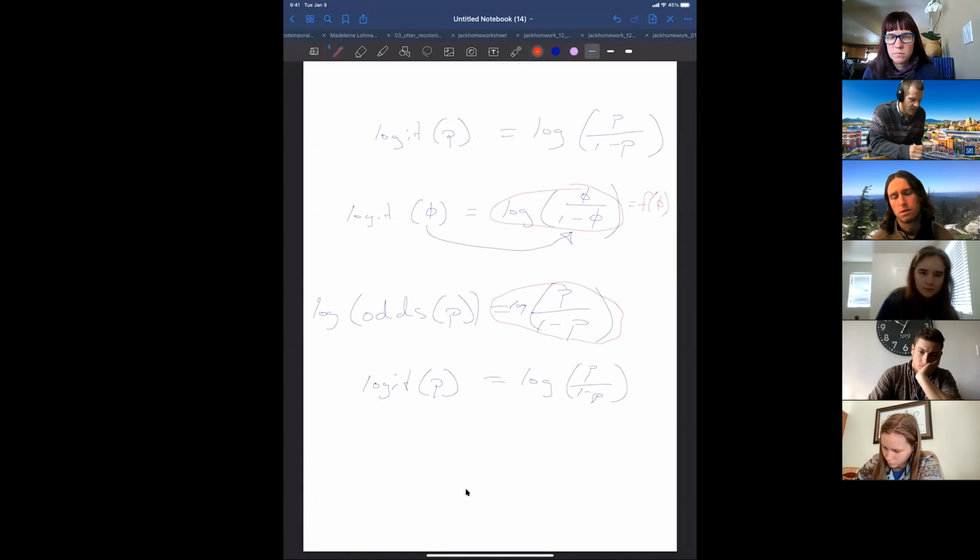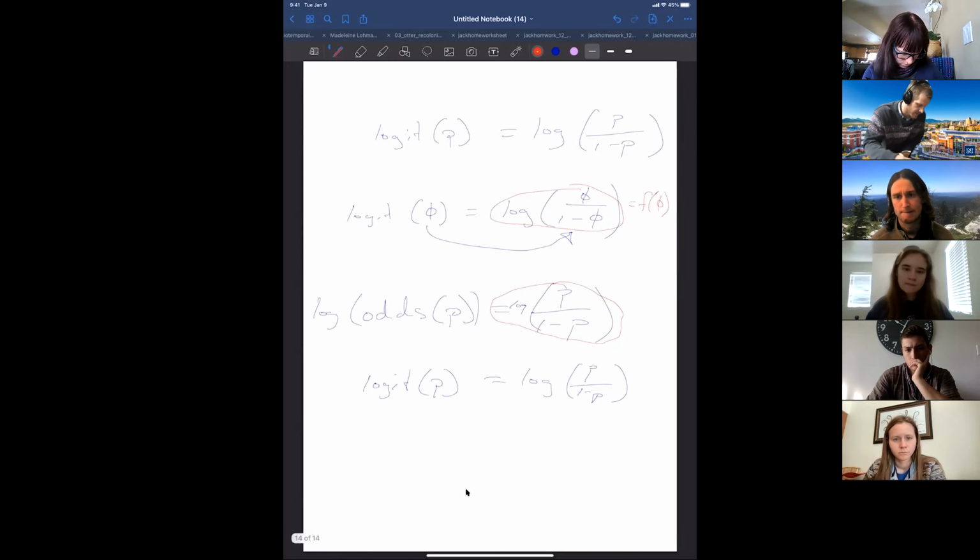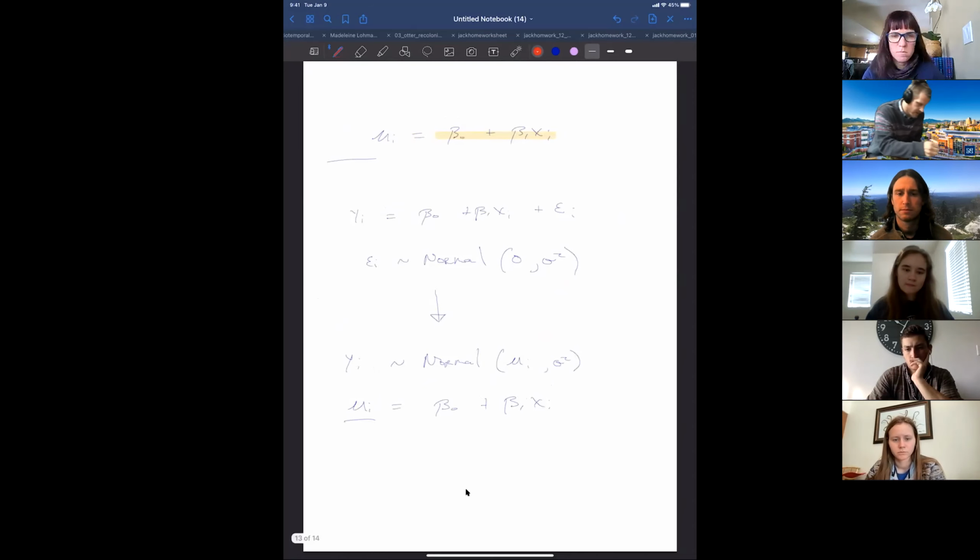There are actually lots of functions that will do this, but the logit function has some nice properties, so that's why it's commonly used. This value can be anywhere between negative infinity and infinity, and that's why it's nice.